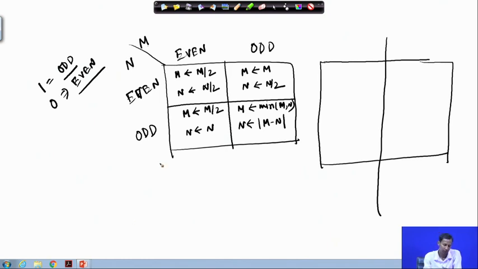Why? Because, suppose I consider 2 bits, how can I find the decimal number? That is the weighted representation: 2 to the power 1 into a1 plus 2 to the power 0 into a0.